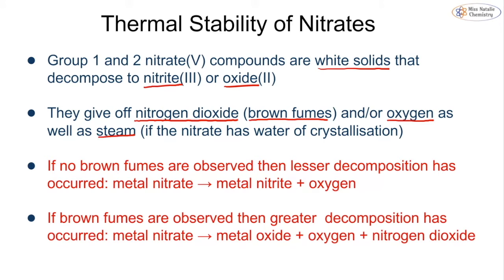If we see no brown fumes, then we're getting a lesser decomposition, and that's making the nitrite, as we can see here. So we get the metal nitrate giving us metal nitrite and oxygen. So we don't see any brown fumes. If we have a greater extent of decomposition, we are going to see the brown fumes, because this time here we're going to make the metal oxide, oxygen and nitrogen dioxide.